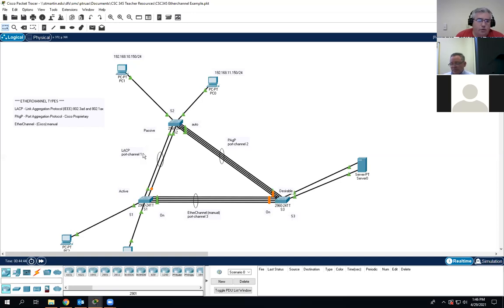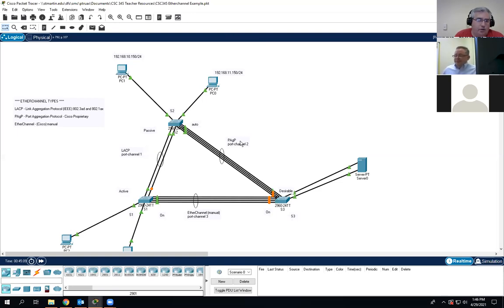It's an open, industry standard protocol, and it has an active port and a passive port. That's pretty much the flavor of it. So one side's got to be active, one side's got to be passive, and then it all works.